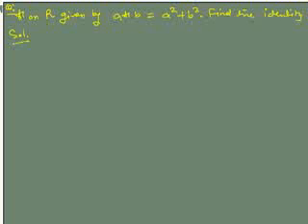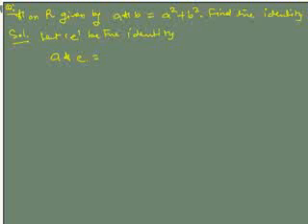So let us do the solution. To find the identity, we proceed like this. Let E be the identity. So if E is the identity, then A star E and E star A both should be equal to A. What is A star E?